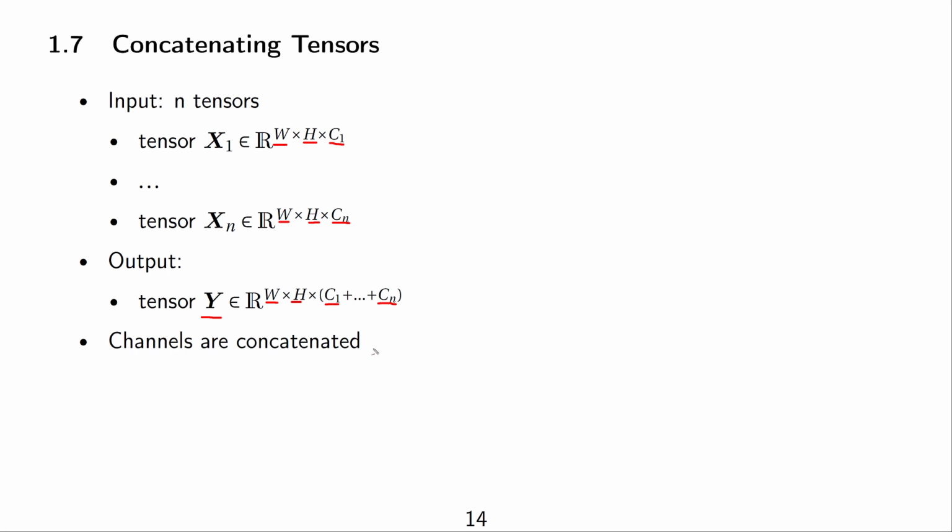So the channels are concatenated. Basically, we start with the first tensor x1, and then we append the next tensor x2 to it, and so on and so forth until xn. That means the output tensor has as many elements as all the input tensors together.